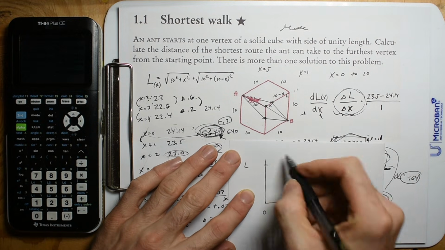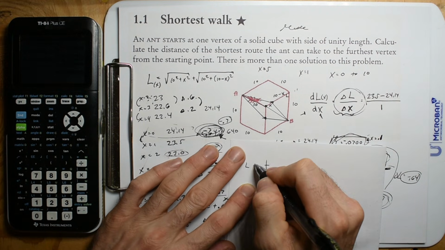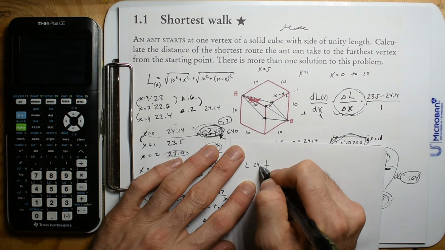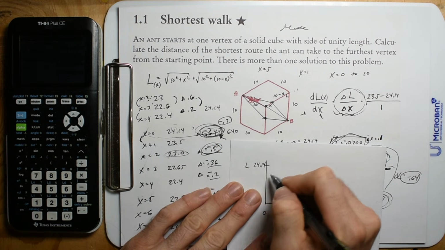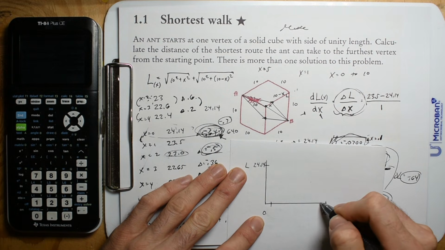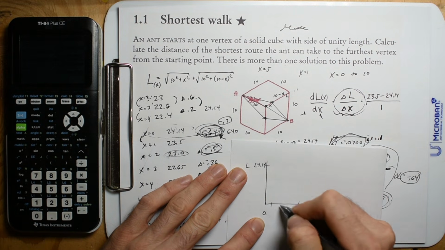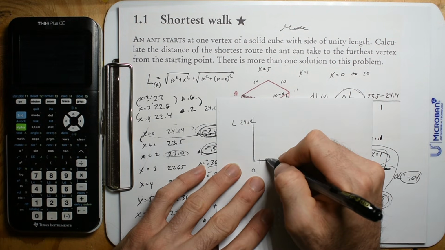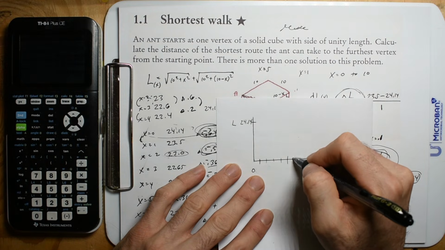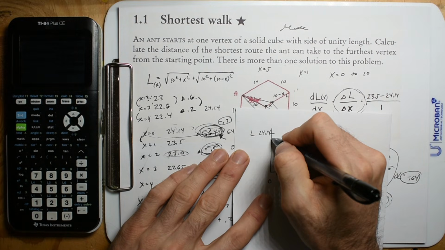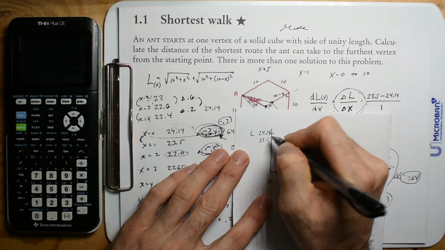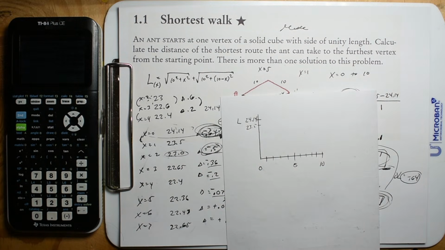And we're getting pretty used to it where if x is 0 right on that corner, we got a length of 24.14. If x is 1 or 9, and yeah, do we have this pretty much? Yeah, there we go. And then we're going to get 23.5. And that pen's done.